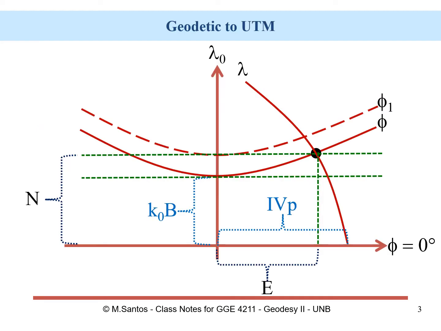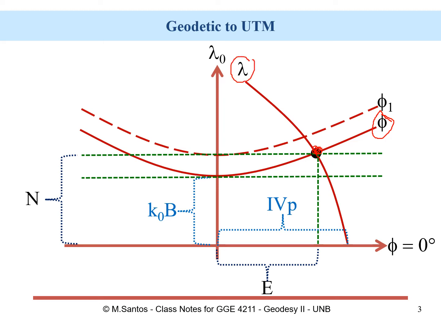So let's look at the geometry. Okay, this is a nice diagram that I built for you guys, and you're not going to see that anywhere. And what we have here is a transformation from geodetic to UTM. So we know the geodetic coordinates of the point, phi and lambda.